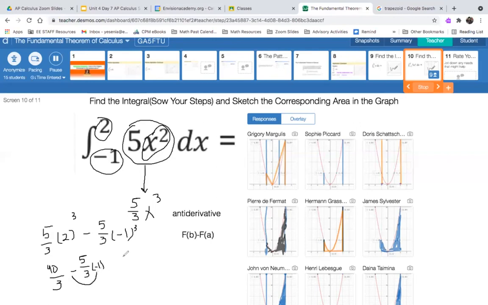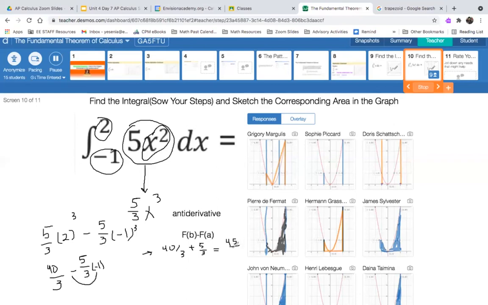So it's gonna give us 40/3 plus 5/3. Sorry, y'all, I can't write below this for some reason. So it's gonna be a plus because of the double negative. And that's gonna give me 45/3.